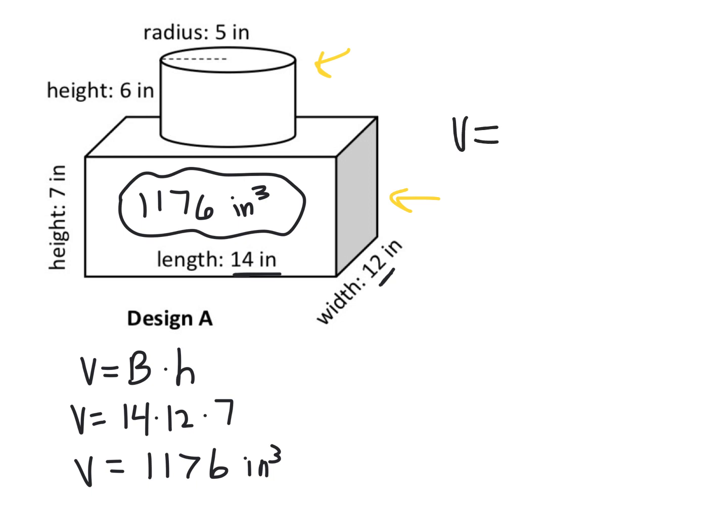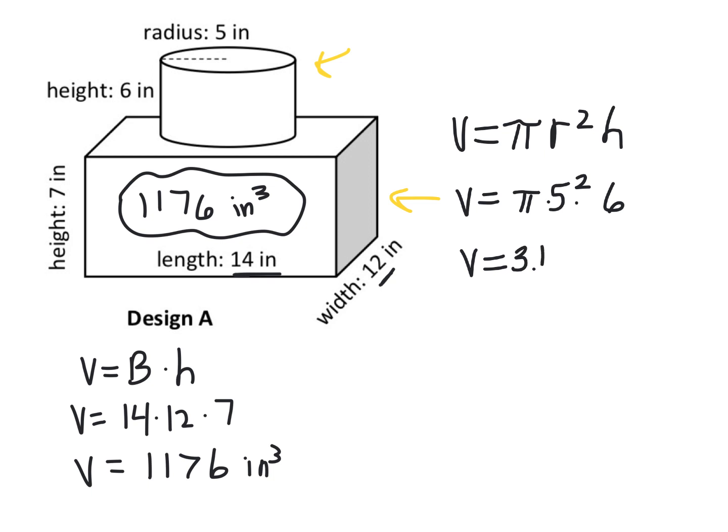And then let's find the volume of the cylinder, this piece up top. And that, if you see on your formula sheet that we used, is pi r squared h. So V equals pi times the radius, which is 5, squared, times the height, which is 6.